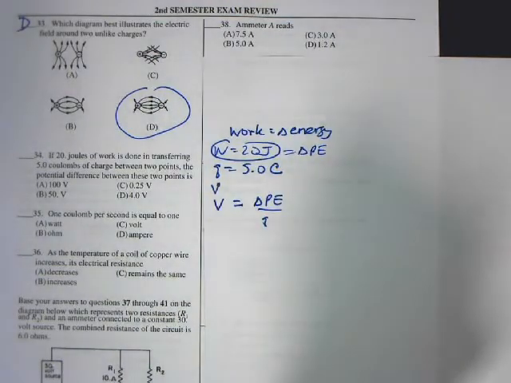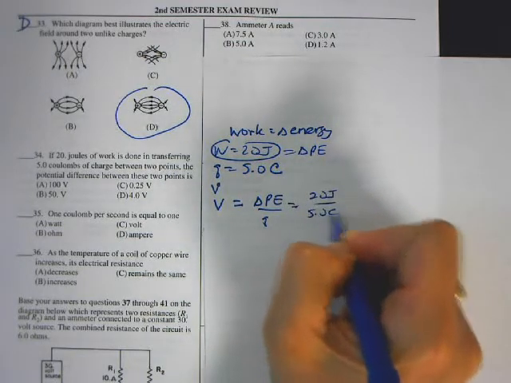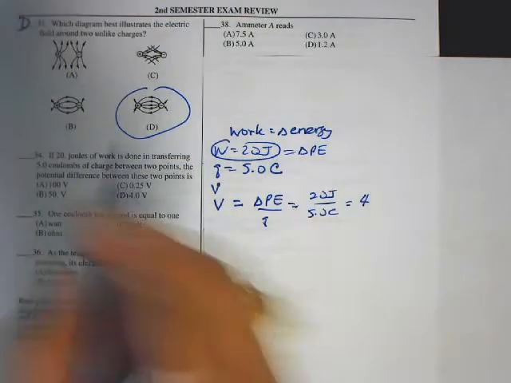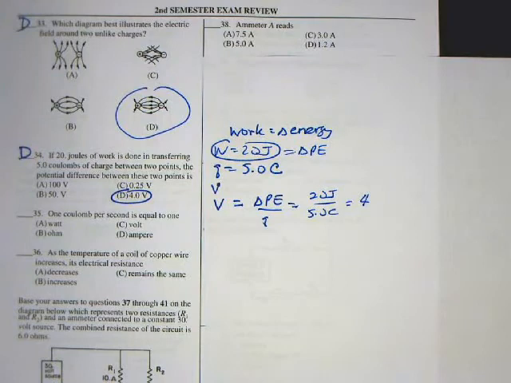So V is equal to 20 joules divided by 5 coulombs. 20 divided by 5 is 4.